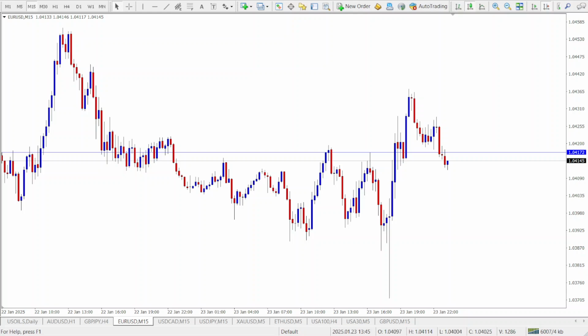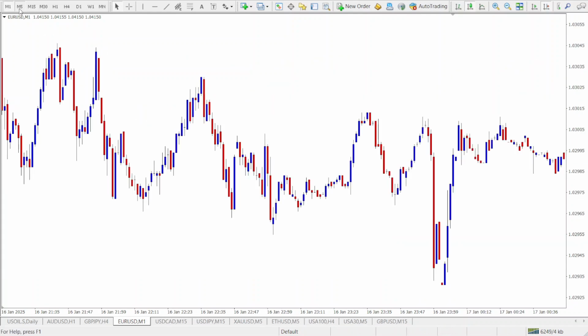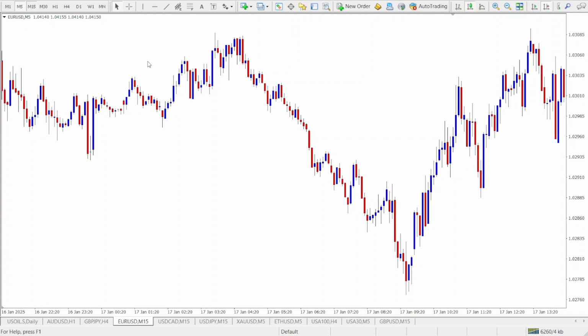So first, let us define scalping. Scalping is a trading style where you aim to take small, quick gains from minor price movements. Unlike swing trading or position trading, scalping focuses on short-term charts, usually 1-minute charts, 5-minute charts, or 15-minute charts.